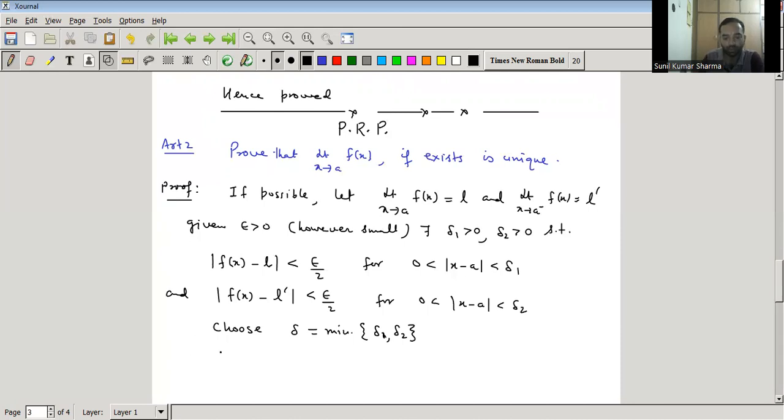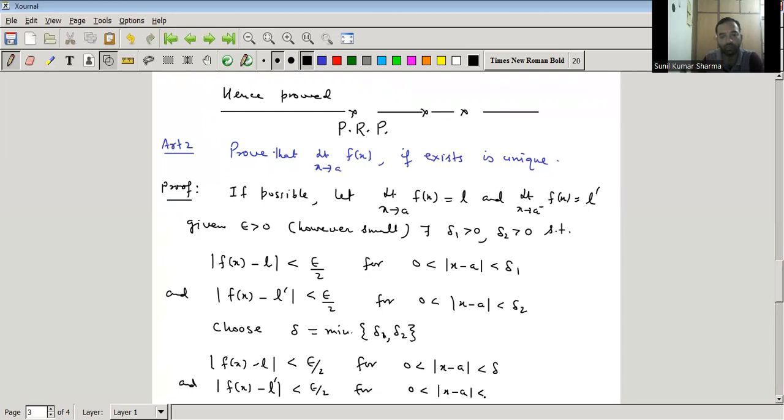So if I choose delta to be the minimum of delta 1 and delta 2, then from the above two conditions we get mod f(x) minus L less than epsilon by 2 for 0 less than mod x minus a less than delta, and mod f(x) minus L dash is less than epsilon by 2 for 0 less than mod x minus a less than delta.